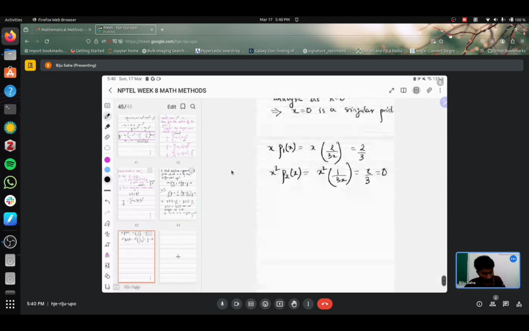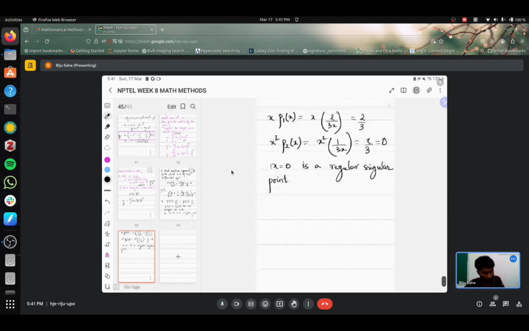So I conclude that x equal to 0 is a regular singular point. That implies that we have to apply the Frobenius method to solve this differential equation.